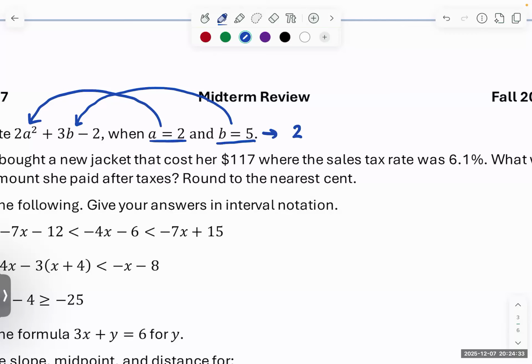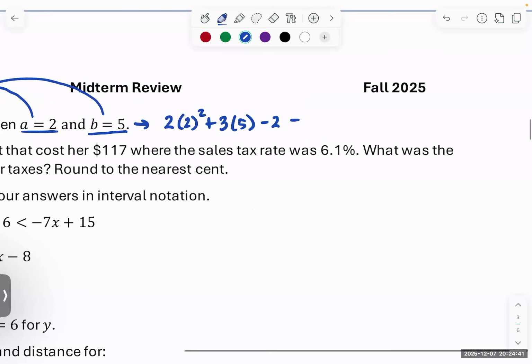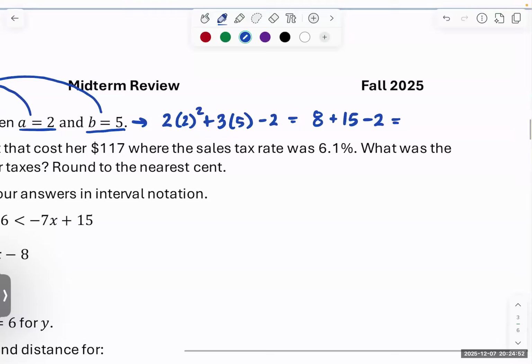So we have 2 times 2 squared plus 3 times 5 minus 2, which is equal to 2 times 4 is 8, plus 3 times 5 is 15, minus 2. This is 23 minus 2, which is 21.